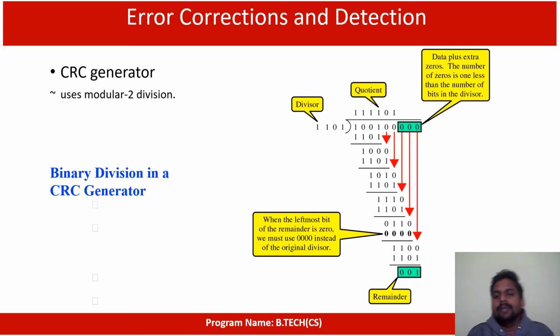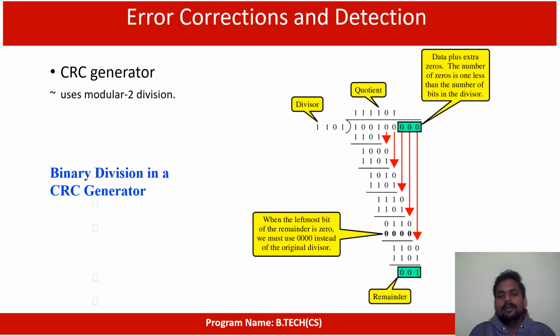We find that from the divisor, because the divisor has n plus 1 digits and the number of zeros is n. Totally we have 4 digits in the divisor, so we add 4 minus 1, that means the divisor length minus 1. So 4 minus 1 gives 3, so 3 zeros we need to add to the original data.